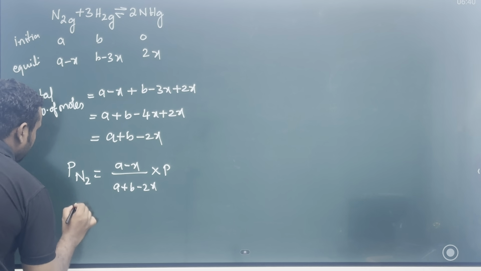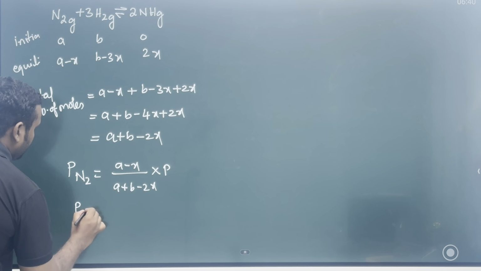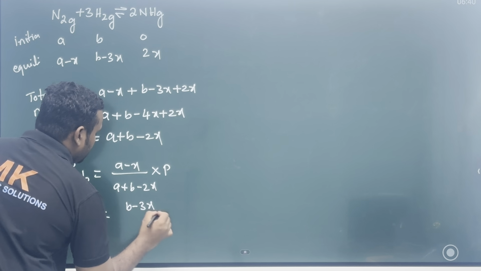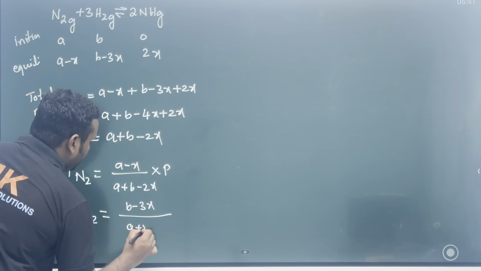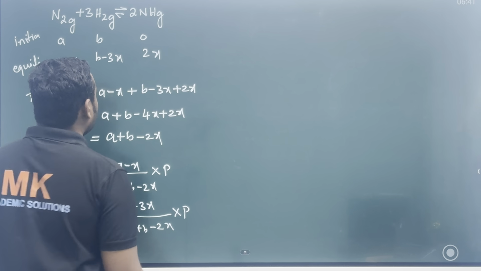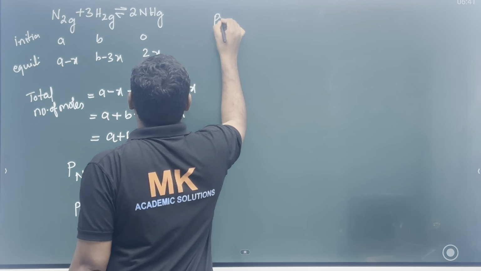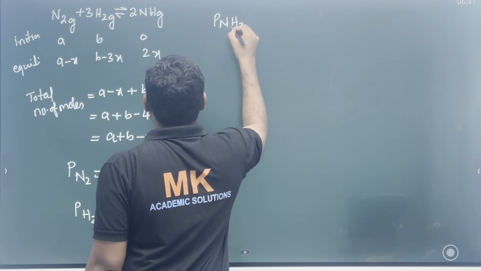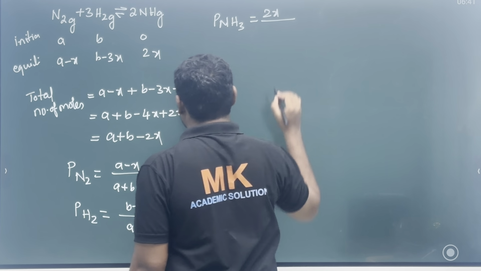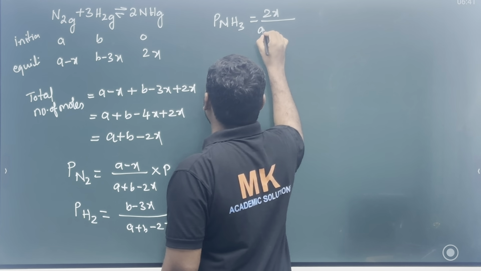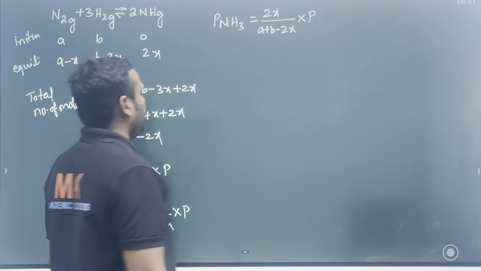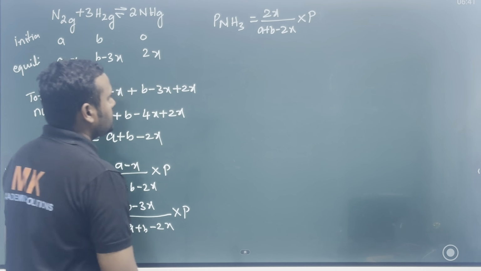Next, partial pressure of H2, that is B minus 3x by A plus B minus 2x into P. Next, partial pressure of NH3 is equal to 2x by A plus B minus 2x into P, total pressure.